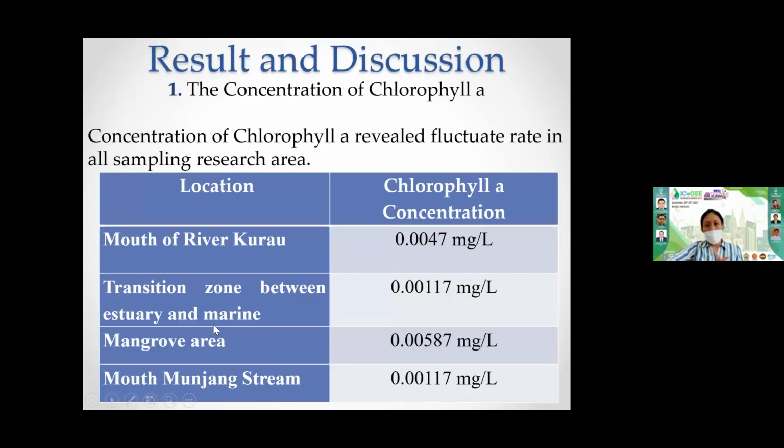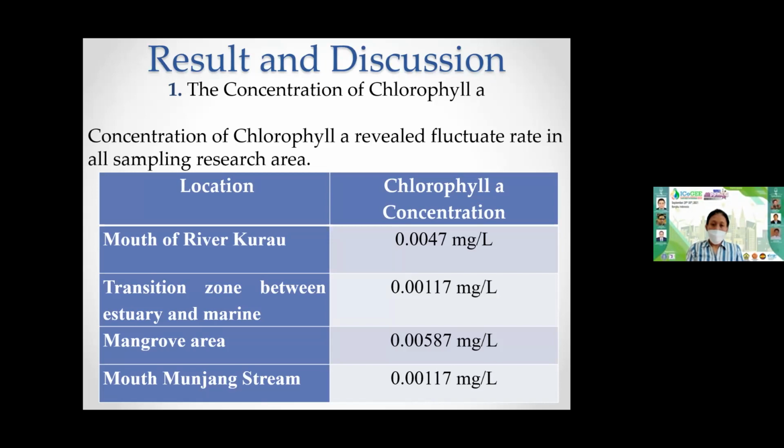And this is the result of our study. The concentration of chlorophyll A in the four study areas fluctuated.